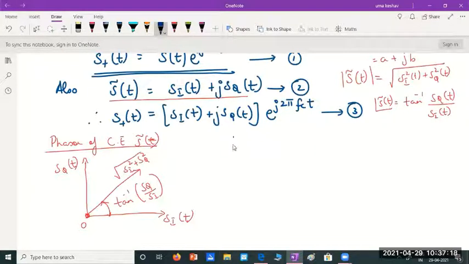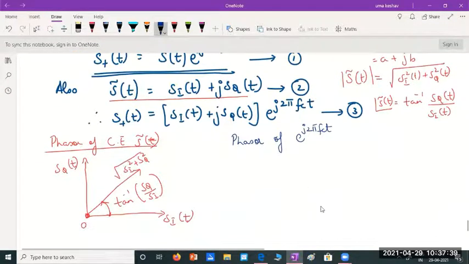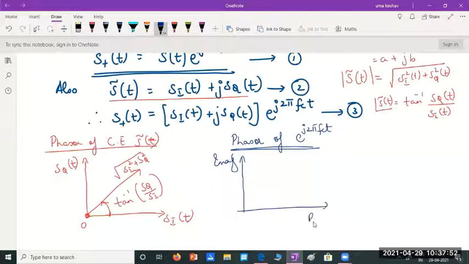Similarly, how do I represent the phasor of e power j2 pi fct, the second term in this equation? The first term in the pre-envelope was the complex envelope, which we have already drawn. The second term is e power plus j2 pi fct. As usual, you have the imaginary axis and the real axis.